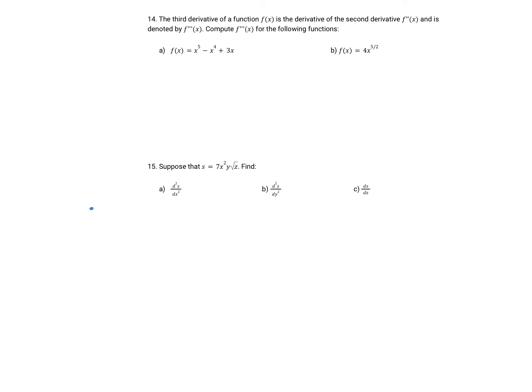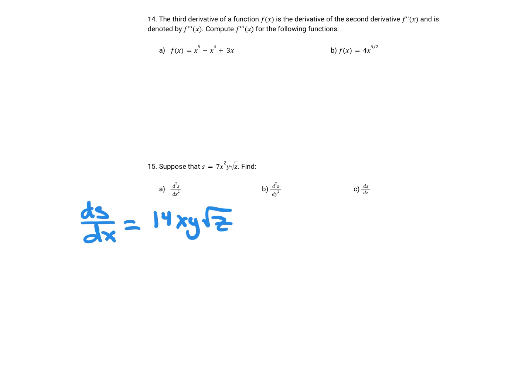So first, in order to find the second derivative, I've got to find the first derivative with respect to x, meaning x is my independent variable here. So y and z are going to be constants. If I take the derivative with respect to x, I've got x squared, so that 2 comes in front. So it's going to be 14xy square root of z. Y and square root of z are not changing because those are thought of as constants in this case.